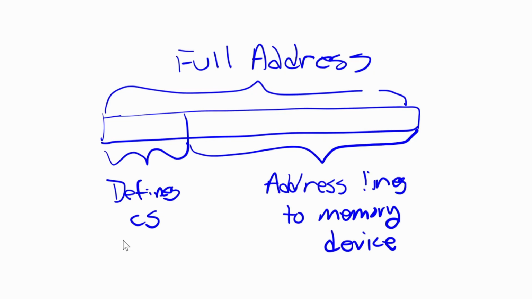Because the problems I'm going to go through now, they're really just very evil true-false questions. Do you understand where to get the information for these three pieces? The full address, the chip select, and the address lines to memory.